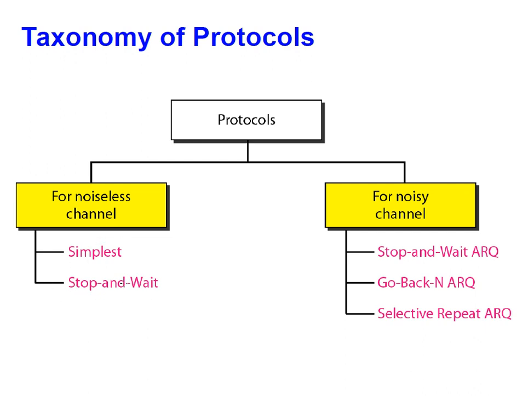It has the simplest form of flow control, the stop and wait form. And under the noisy channel, we have stop and wait ARQ, where ARQ is automatic repeat request with acknowledgement, and go back N ARQ, and selective repeat ARQ.